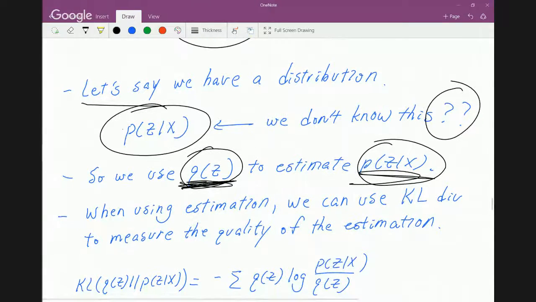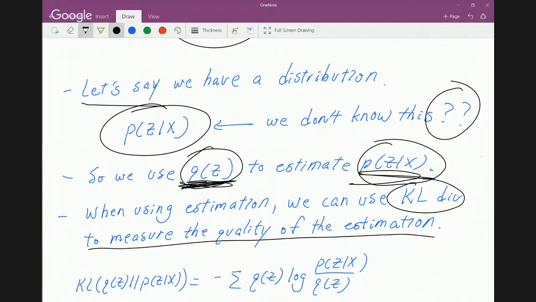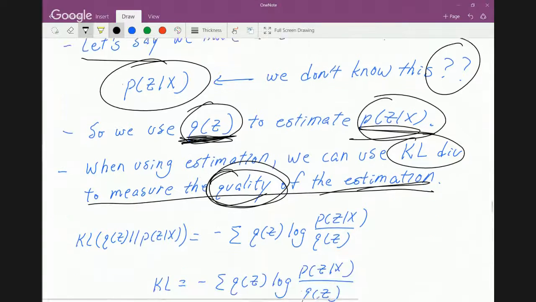Then if we're making an estimation, we can use KL divergence to measure the quality of the estimation, right? If the estimations are really close to each other, then the KL divergence should be small. And if they're far away, then the KL divergence will be big. So using KL divergence can help us quantify the quality of the estimation.